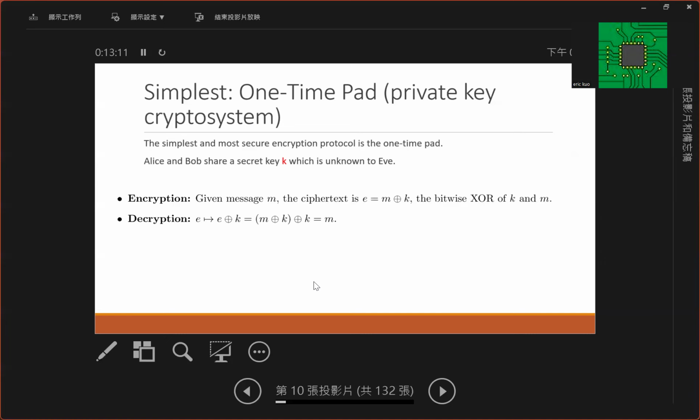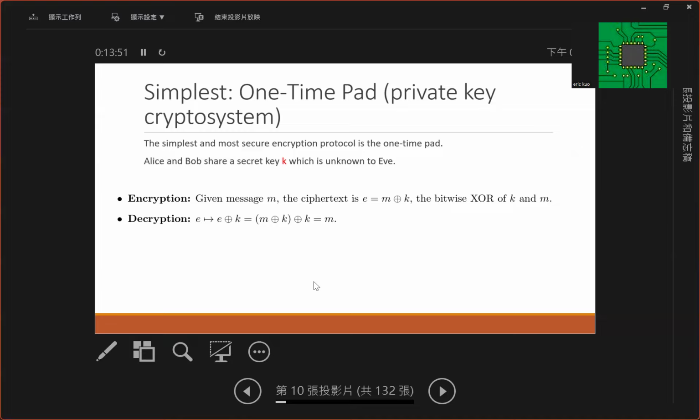For example, if the message is 1, 1, 1, 0, 0, 1, and the key is 0, 1, 1, 1, you get the encrypted message by using the sum, the exclusive OR. It is just addition mod 2.